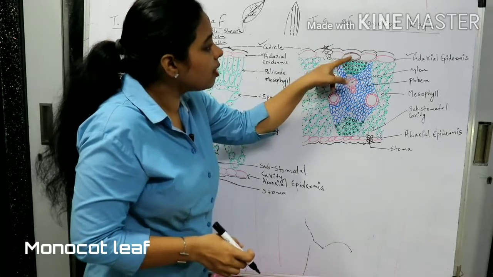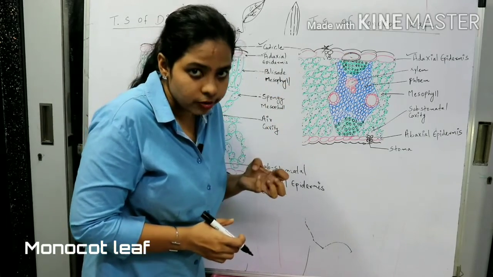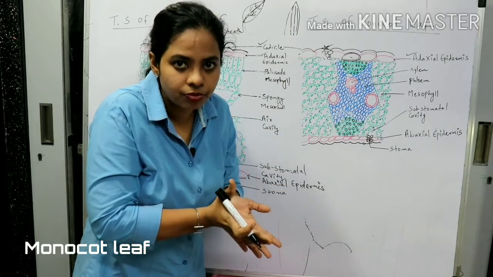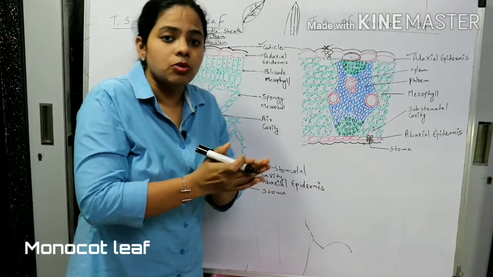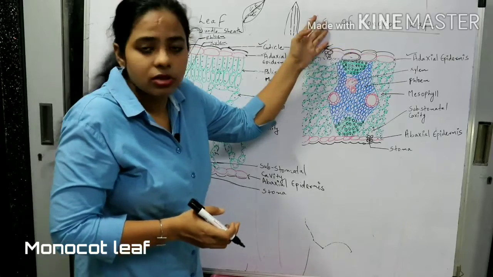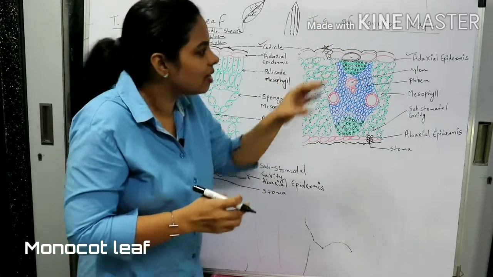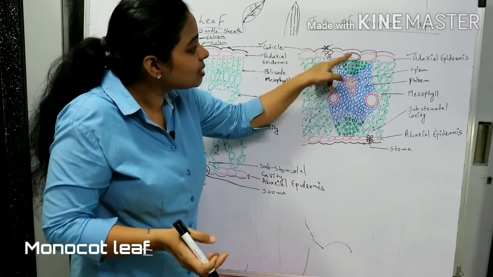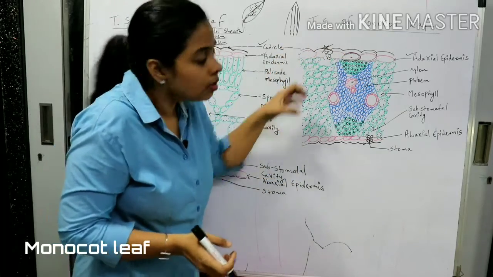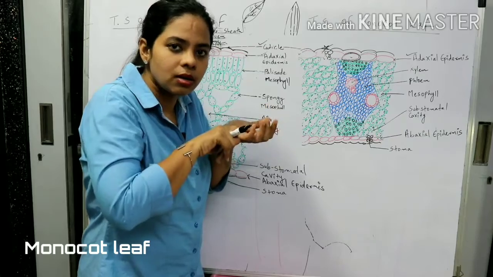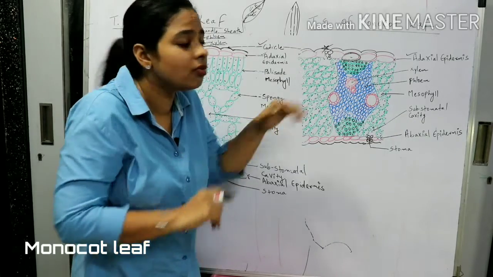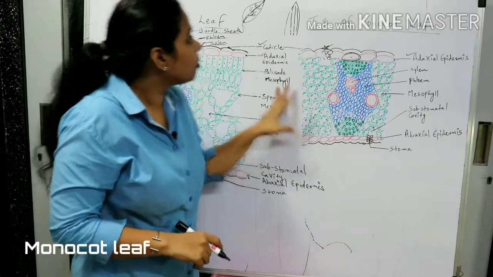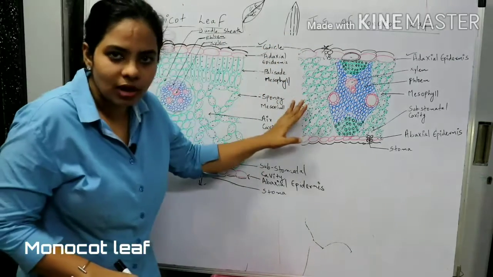Now these bulliform cells absorb water, and the leaves are exposed. When the cells become turgid, the leaves open up and are exposed, but when the cells become flaccid, the leaves curl up, and thus water loss is prevented. So that's it about dicot and monocot leaf.